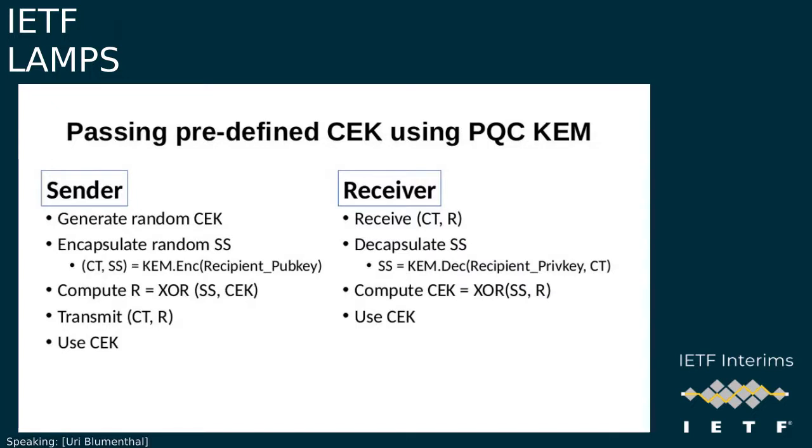I want to emphasize that from a cryptographic point of view, it doesn't make a difference what kind of wrap you use. If your KEM is fine and your CEK is fine, then whatever secure wrap you use will end up okay.